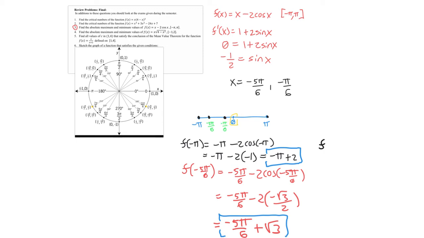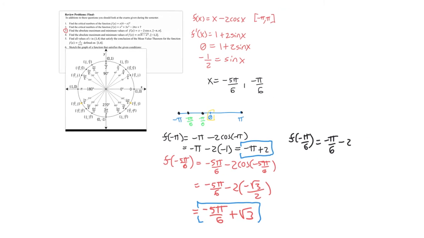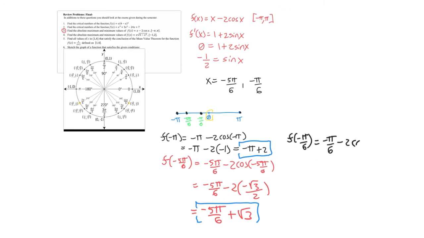That would be f of negative pi over 6, and that equals negative pi over 6 minus 2 times cosine of negative pi over 6. So cosine of negative pi over 6 would be right here.